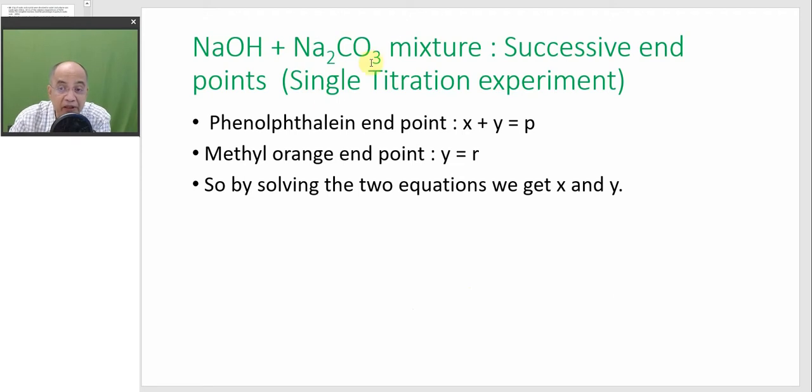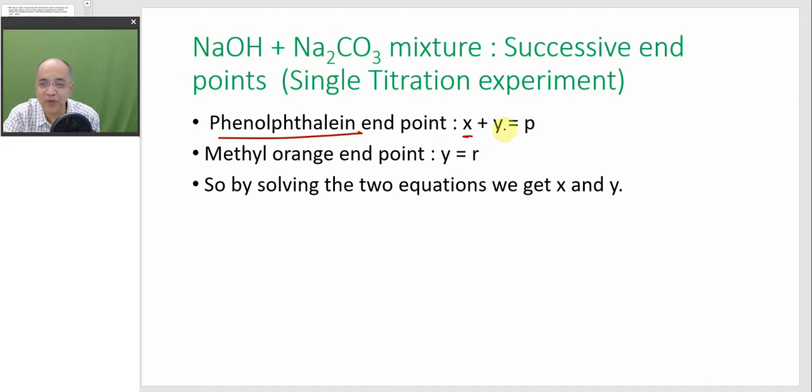But if you are performing this in a single titration experiment, that means the analyte will not be changed. Simply the indicator will be changed. In that case, you have to first take phenolphthalein, no doubt, as indicator, so that all sodium hydroxide will vanish, and whatever HCl will be consumed, the same will be the number of moles of sodium carbonate, we know.